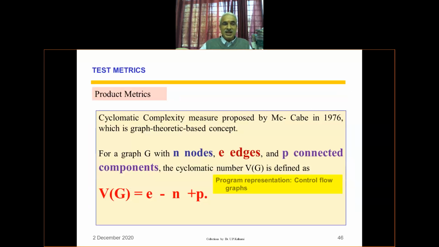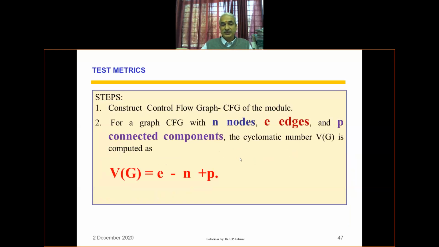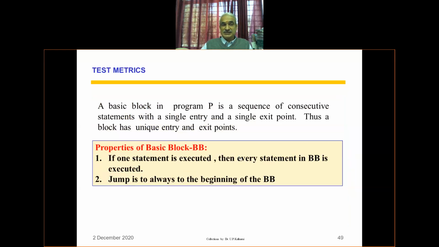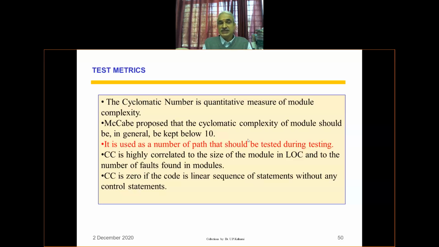The cyclomatic complexity measure was proposed by McCabe in 1976 and formalized this. This number is a quantitative measure of a module's complexity. And complexity is always to be kept below 10 according to his recommendation. And it is used as the number of paths that is to be tested during testing.